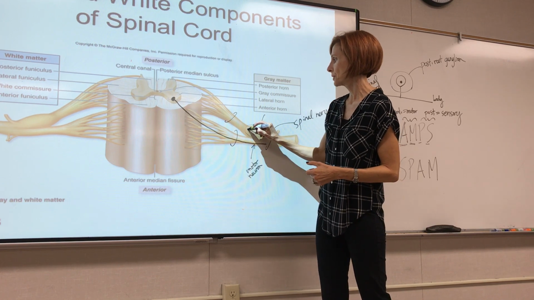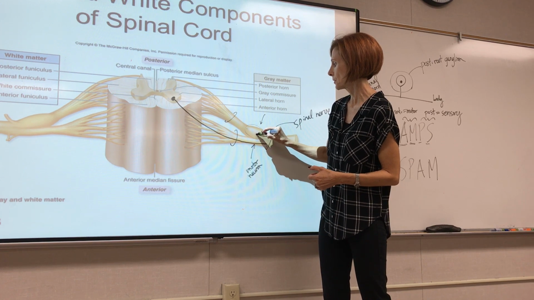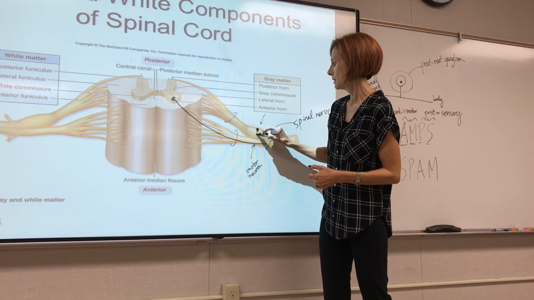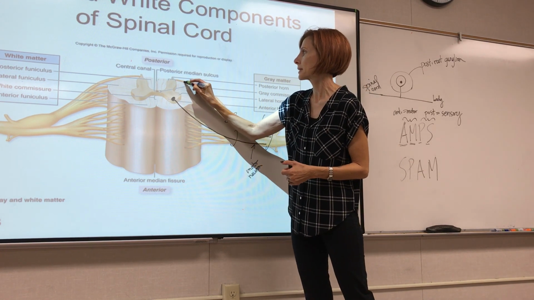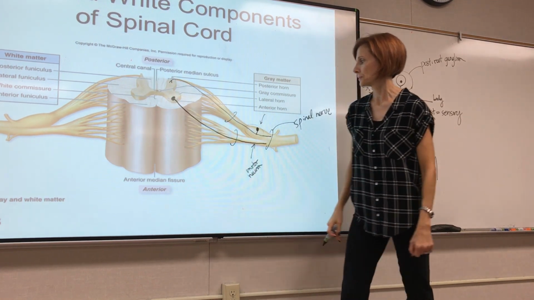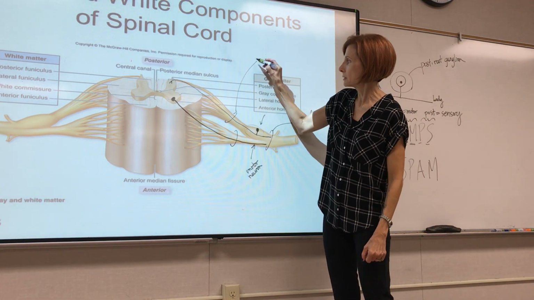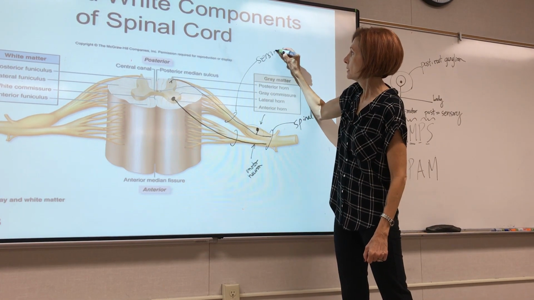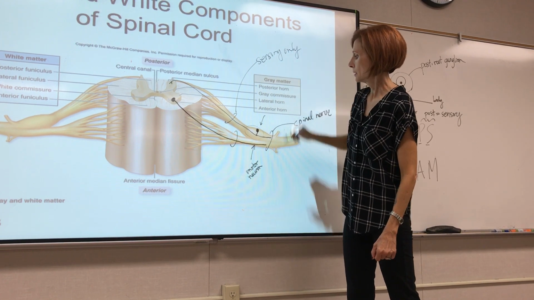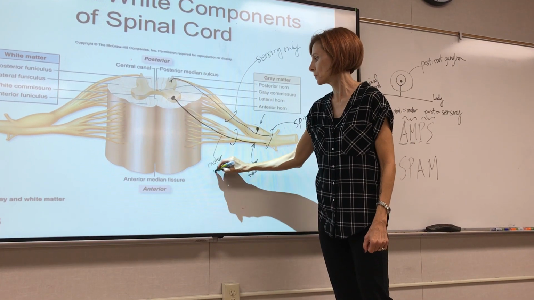So here's our sensory neuron, oops, forgot the cell body. Here's its cell body, there's the axon coming in. It's going to come into this part of the spinal cord, the posterior horn. So this would be entirely sensory only. And these, in the anterior, would be motor neurons only.